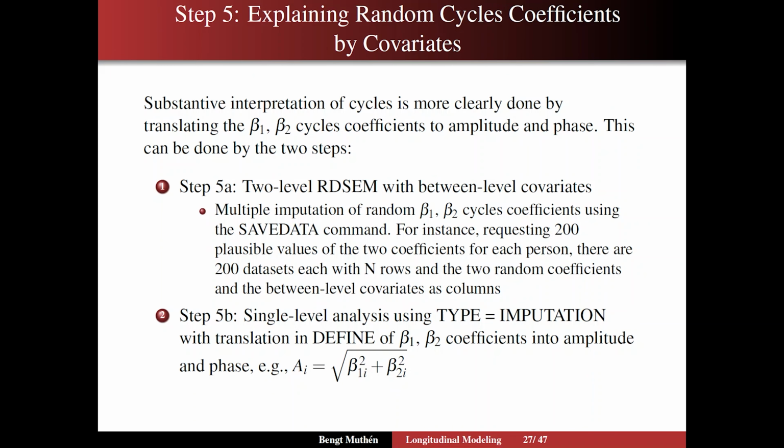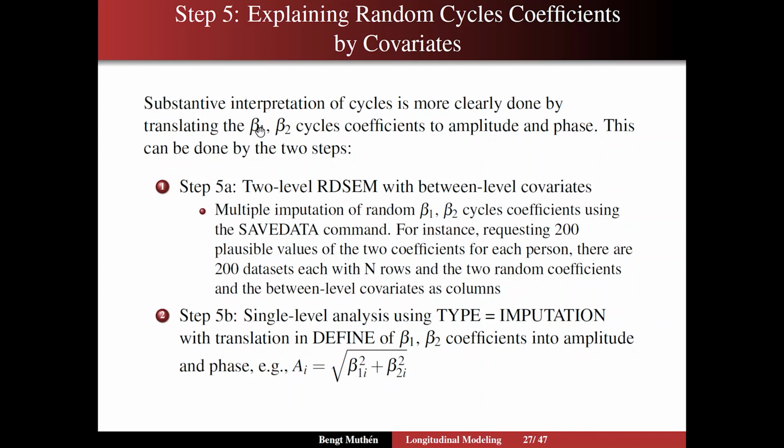On slide 27 then, I point out that what we want to do when we have established random cycles coefficients is to try to explain that variation across individuals by covariates, background characteristics for the individuals, time invariant covariates. And that interpretation of the cycles is much more clearly done by translating the beta coefficients to amplitude and phase.